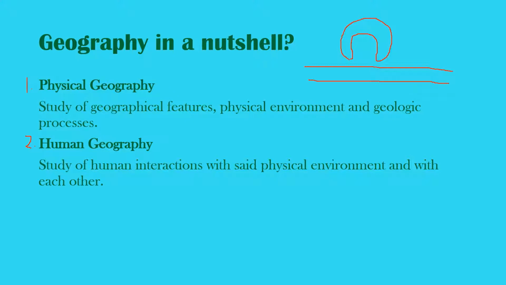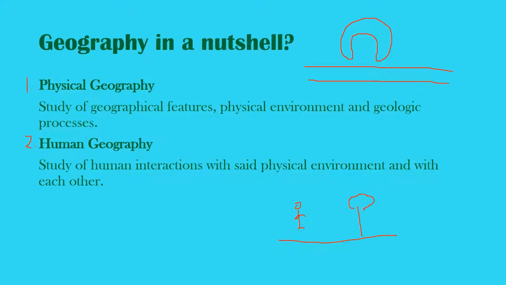On the other hand, we have human geography, which I think is sometimes more interesting to people because it actually involves people. It's about how people interact with themselves as well as with the environment.